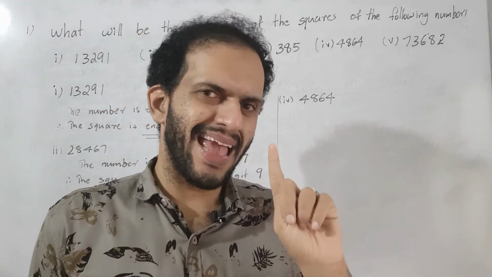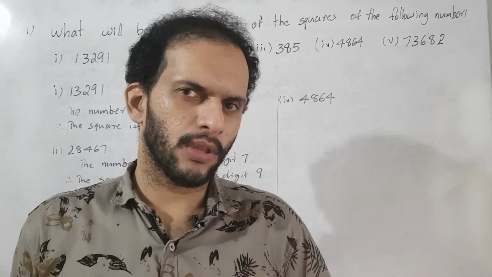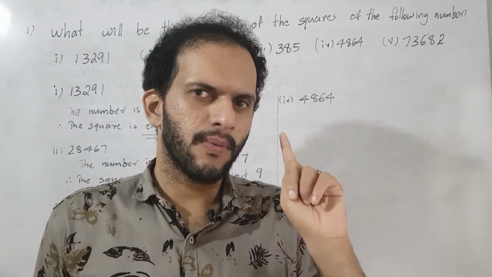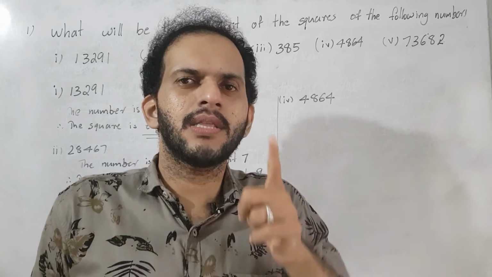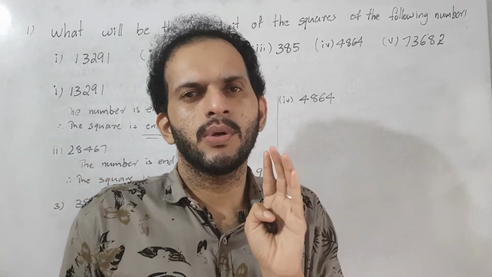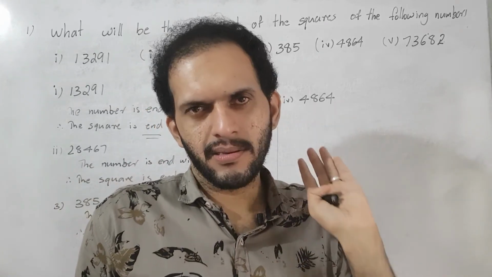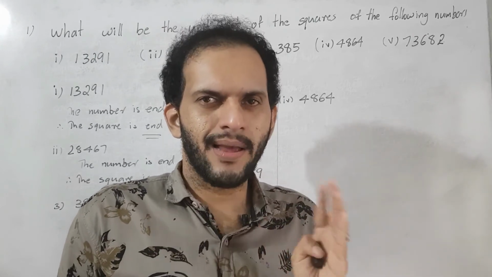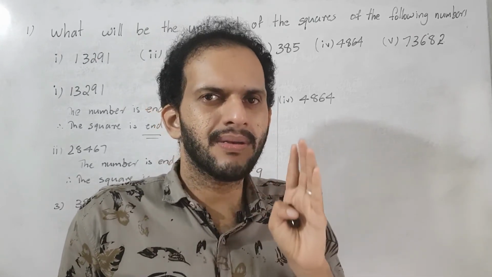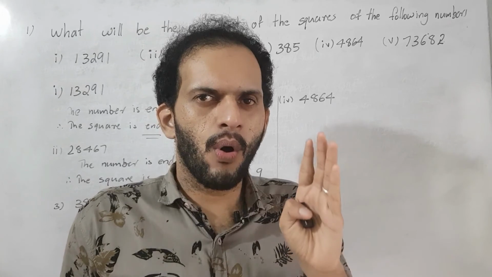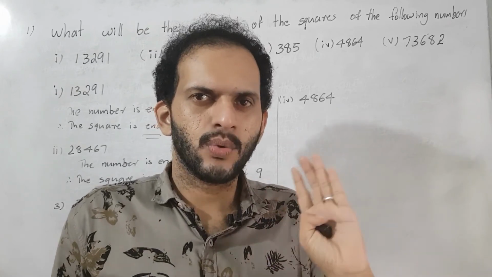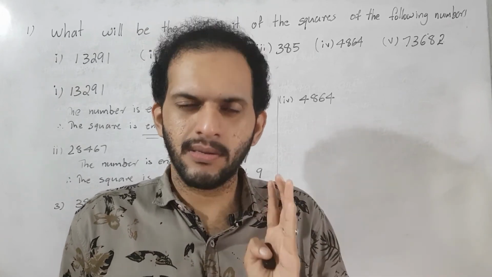If the number ends with the digit 4, the unit place contains the number 4, then the square of this number ends in 6. Correct? Whose squares end in 6? If the numbers contain 4 or 6 in the unit place, then the square ends only with the digit 6.